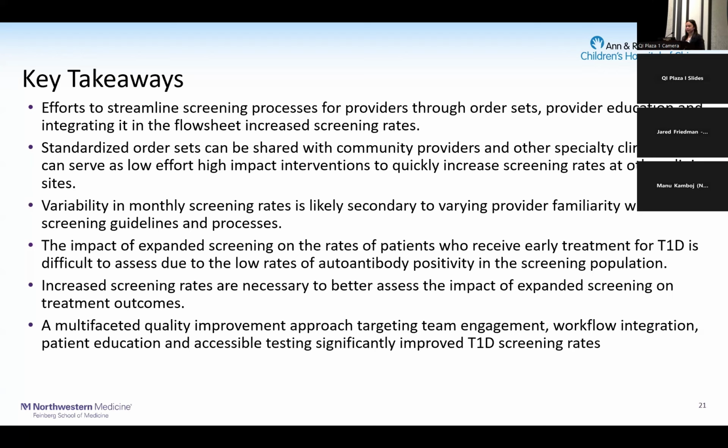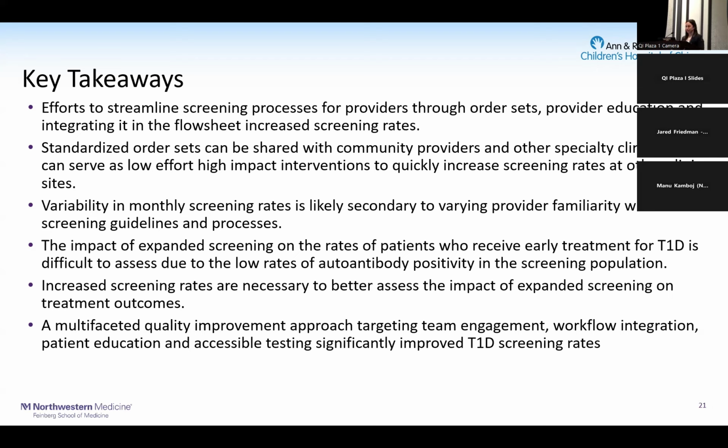I did find that the standardized order sets that we created are a low effort but high impact intervention. And we are starting to share that also with other community providers and other specialty clinics. Now that there's a whole order set, they don't have to ask us what they have to order. And hopefully that will generate more screening as well.